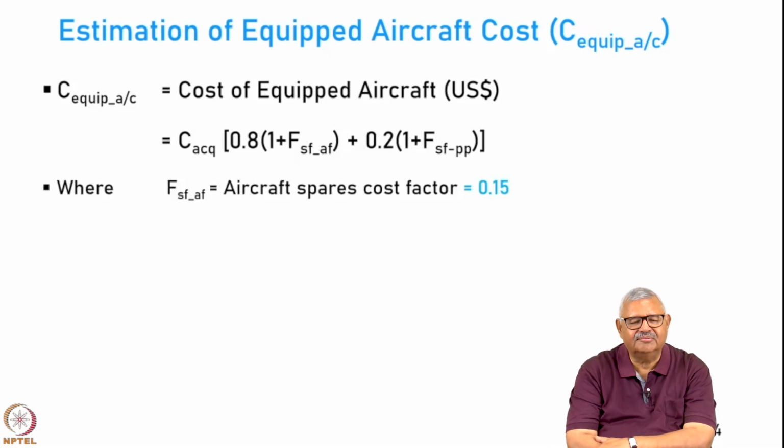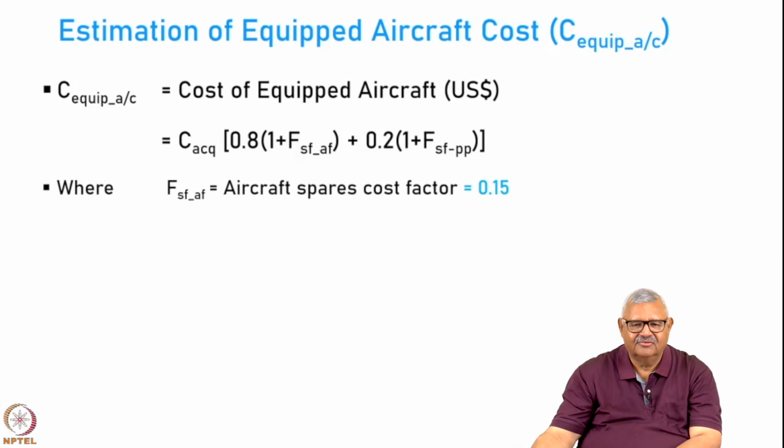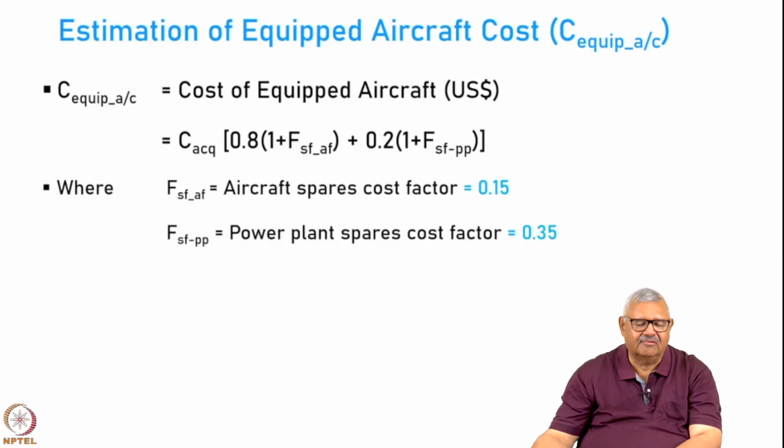Now, when it is 0.8 times the airframe, then you require the airframe cost plus the cost of the spares. So, we assume here that 15% additional spares are required for the airframe, and we also assume that 35% additional spares are required for the power plant to operate.